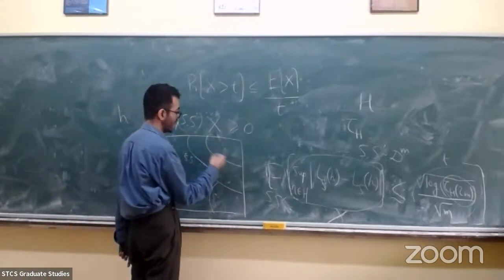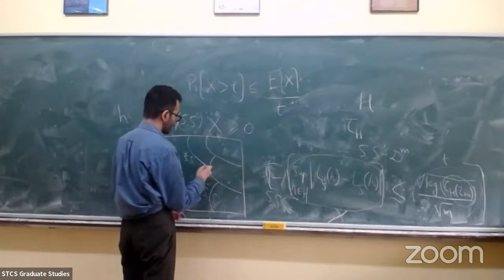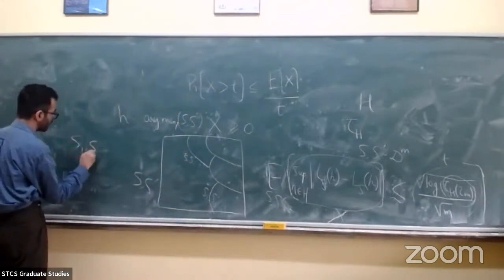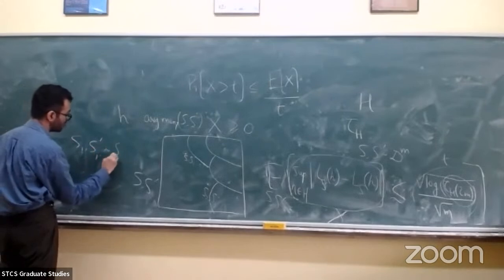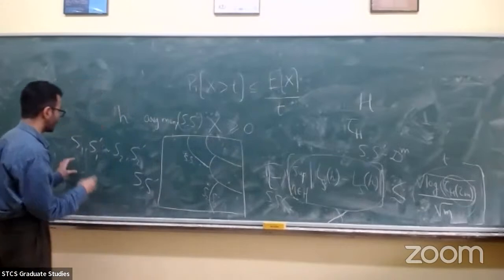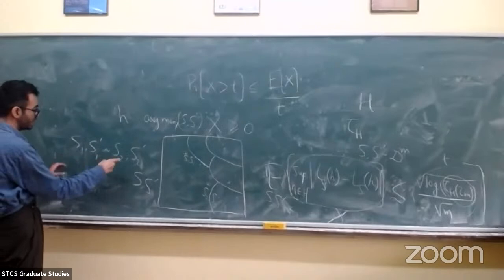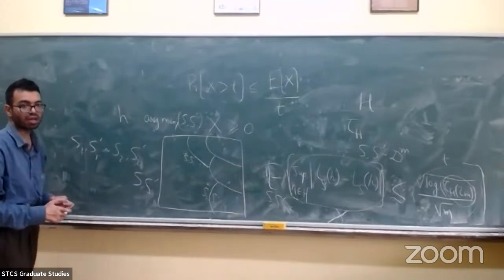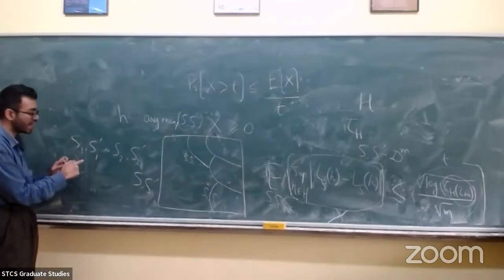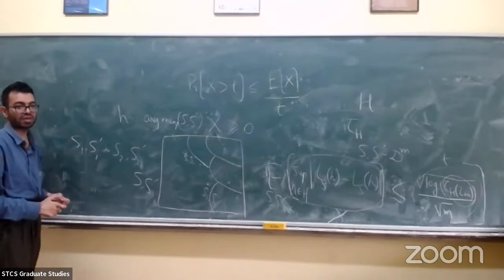A part is just an equivalence class. We say that some S1 prime and S2 prime are in the same class, the same part, if I can obtain one from the other by simple manipulation: if I can obtain S2 prime from S1 prime by switching around the ith sample in S1 with the ith sample in S1 prime.